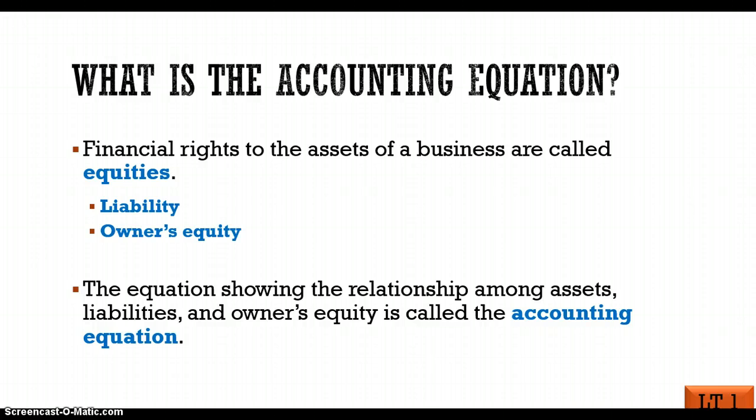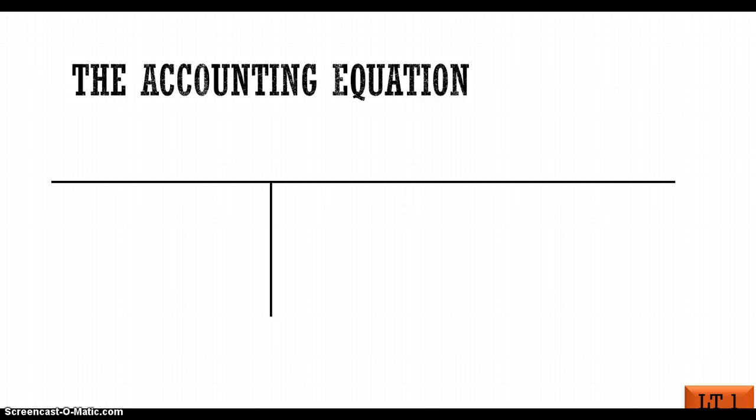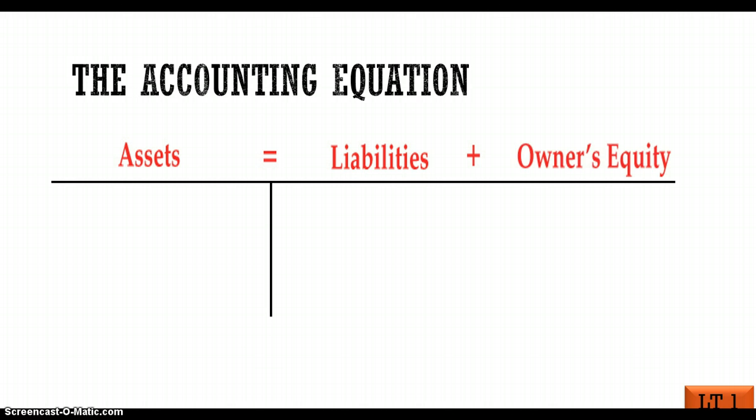So let's actually see what this accounting equation looks like. When looking at the equation, you usually start on the left-hand side. Assets are always depicted on the left-hand side. As you continue from left to right, assets should always equal liabilities, which again is what you owe, plus your owner's equity.